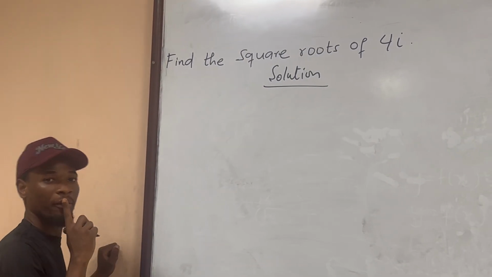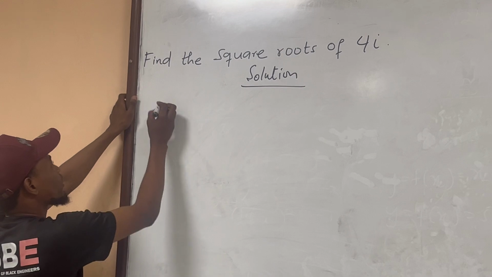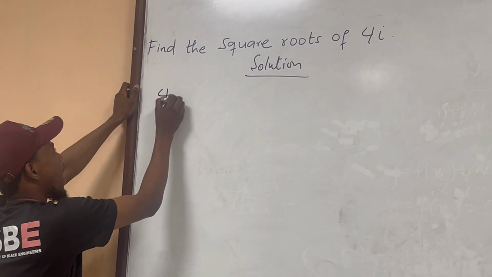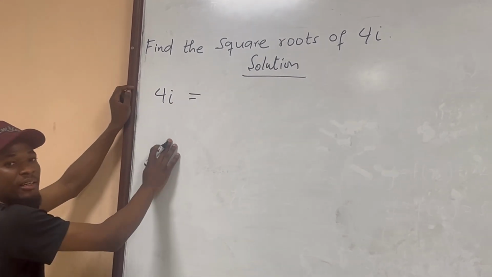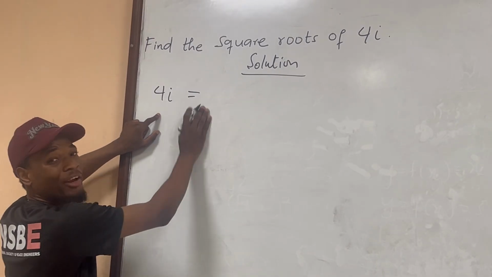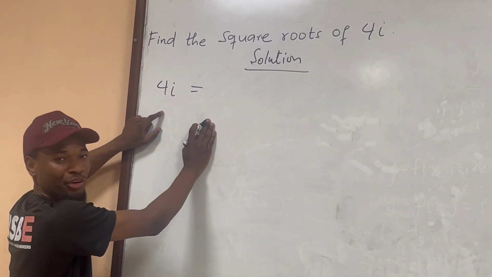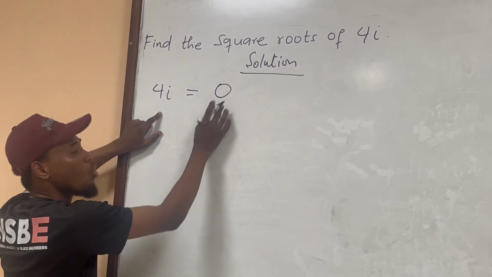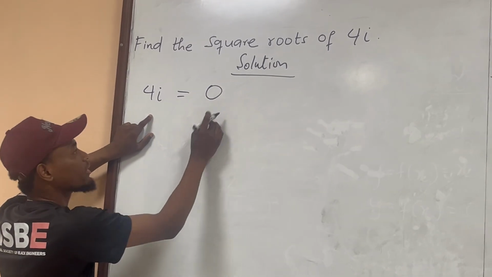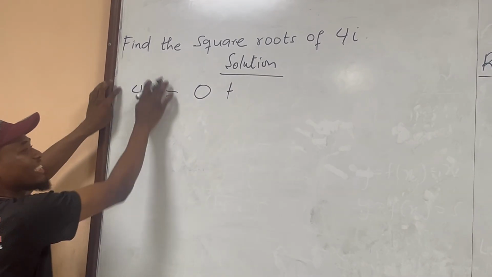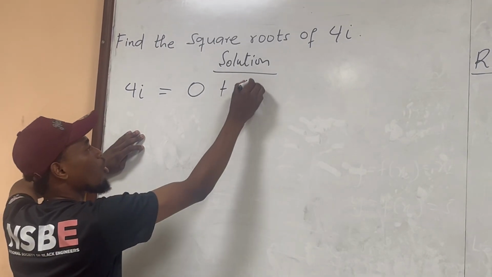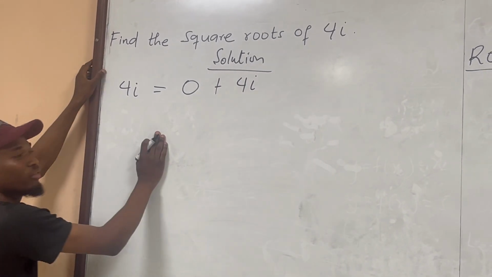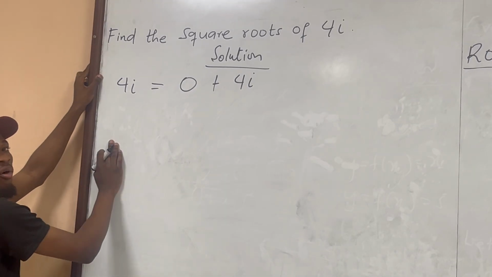So first of all, remember that when you have 4i, this basically means we have the real part of the complex number, which is 0, right? Then plus the imaginary part of the complex number, which is 4i.